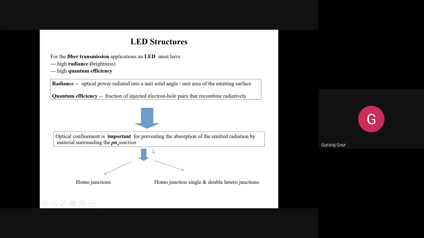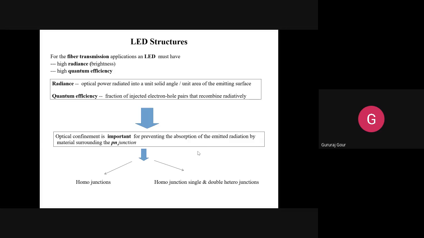To achieve this, optical confinement is important for preventing absorption of the emitted radiation. What we mean by optical confinement is that we want the optical rays coming from the LED, which are coupled to the core of the optical fiber, to be confined all the way to the wall of the cladding.